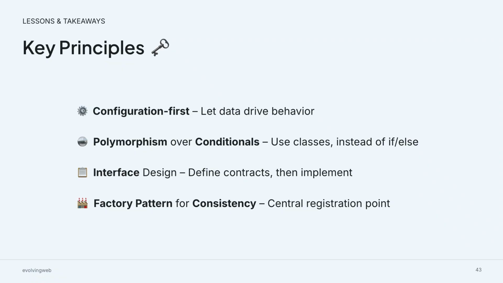Interface design, which is the base of polymorphism: it defines the contract, what the classes need to do and need to have, and then they implement it. And finally, the factory pattern for consistency. We have a central registration point. Everything goes through the factory. Everything is controlled and rendered by the factory. And so that's it for consistency.